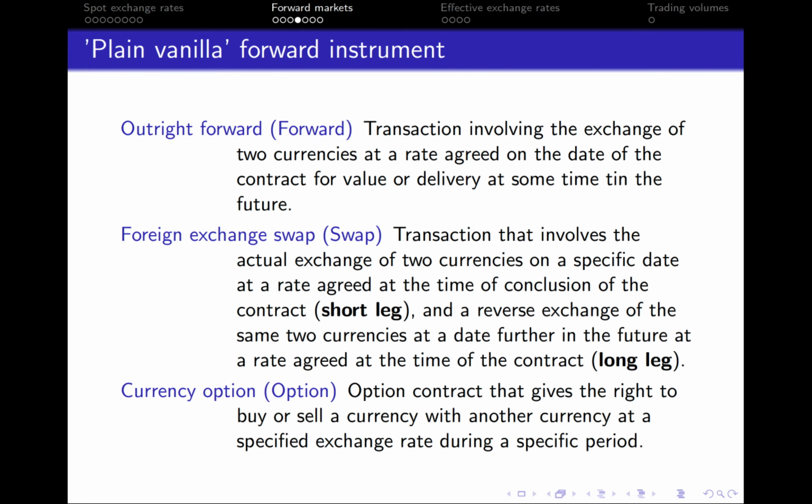Because we are focusing here on international finance and international economics, we're not going to get into details with those instruments. I just want you to know how the three main instruments work.